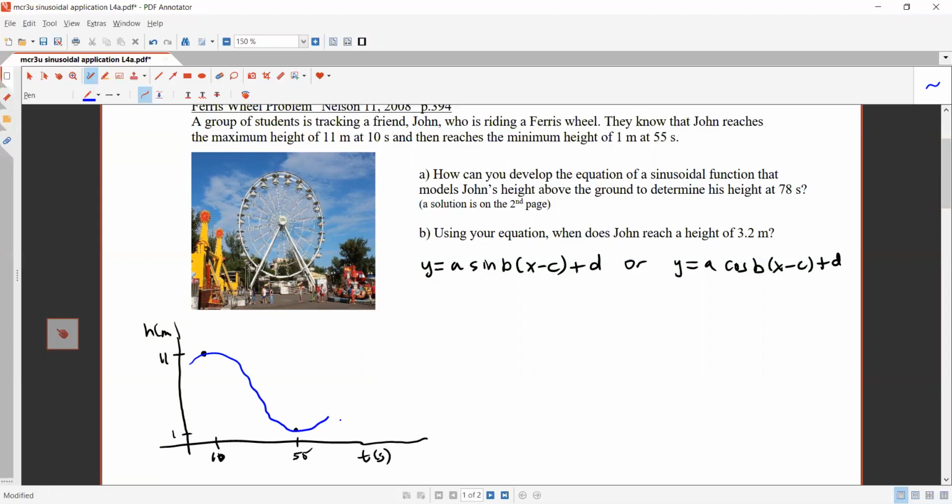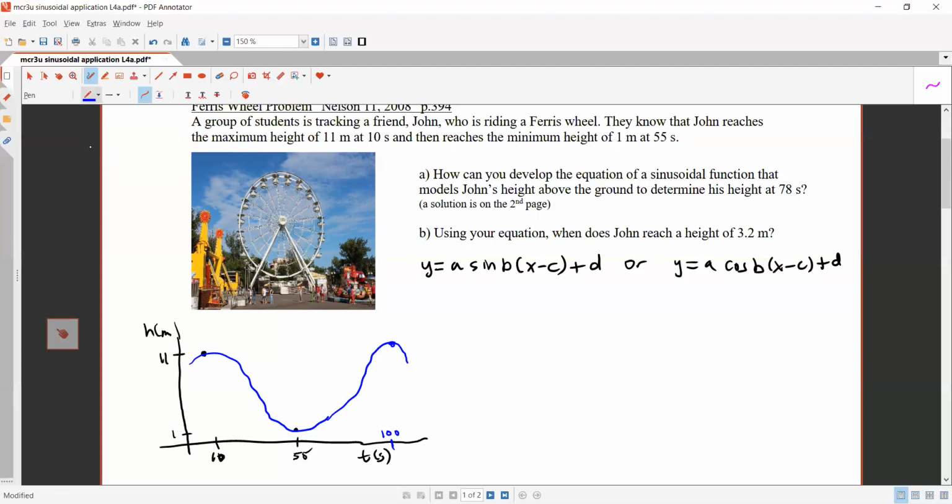I think some of you actually know what I'm doing. The next maximum height is periodic, so it has to be right about there.